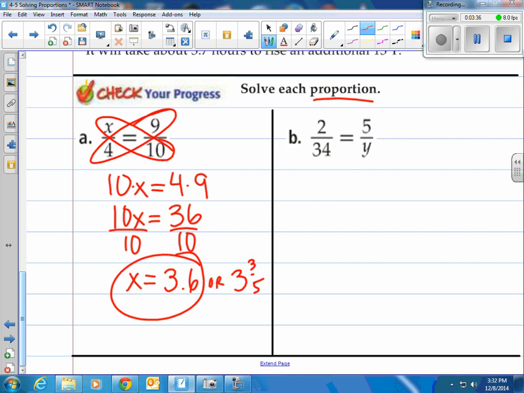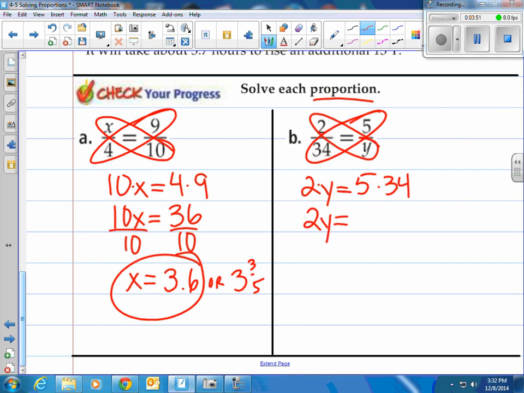How about the second one here? Again, the cross products are equal. That's how we're going to solve this. 2 times y is equal to 5 times 34. What is that? Well, we have 2y on the left side, and 5 times 34, let's see here, that's going to be 170.